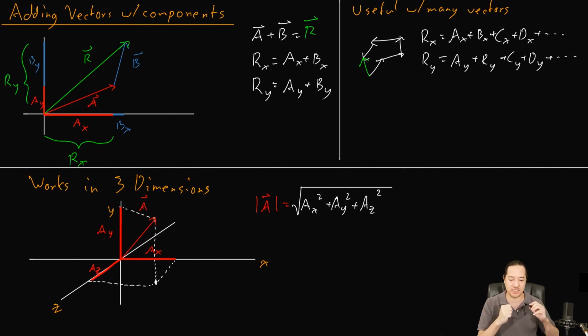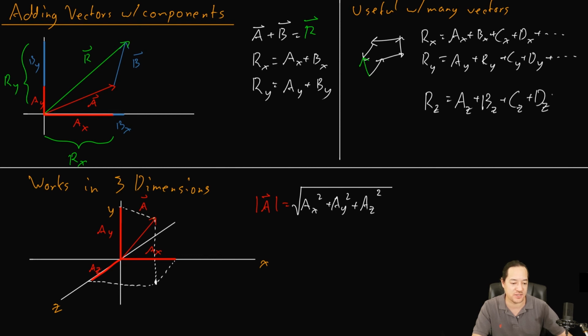And so that gives us now the magnitude of a 3-dimensional vector A. And just to note here, if we're going to be using 3 dimensions, in this case, we would wind up having an R sub z, and that would be equal to A sub z plus B sub z plus C sub z plus D sub z, and so on and so on. So 3 dimensions work equally well when using components like this.